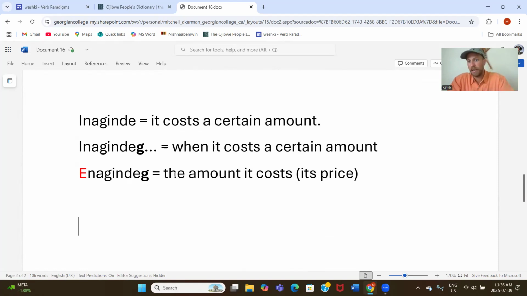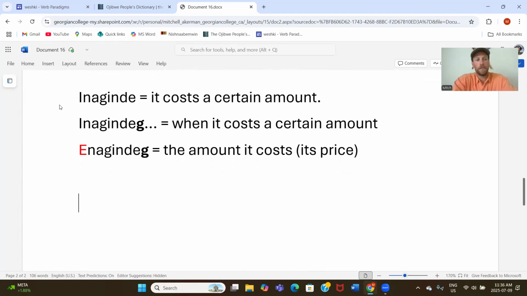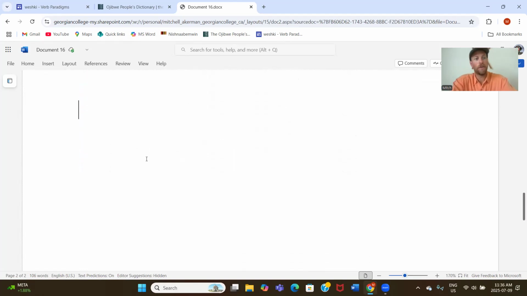How much does the hat cost? Onish enagandegyo noggin. How much does the plate cost? You could do whatever. Onish enagandegyo mashkimat. How much does the bag cost? So that's what you could do with an enagandeg like this. All right. So there's a couple of VIIs all the way to C form.